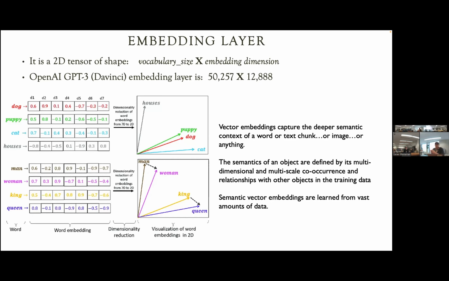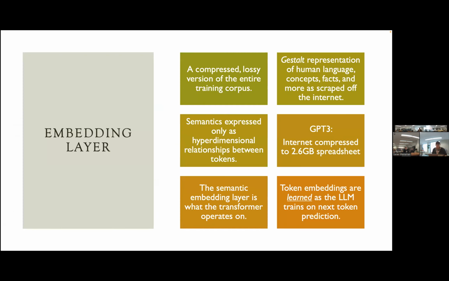The idea is that once trained, things that are similar semantically or correlated in language are going to have embedding vectors that tend to point in the same direction or nearly the same direction. And that's going to be really important to what's next.